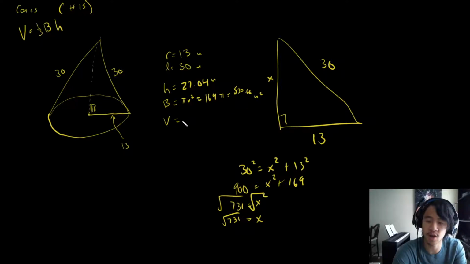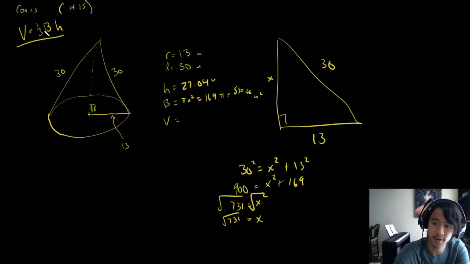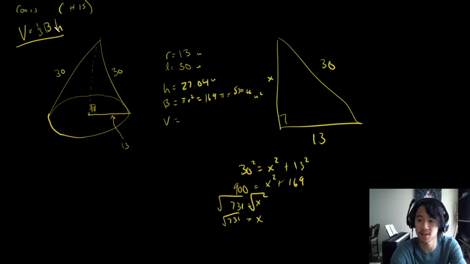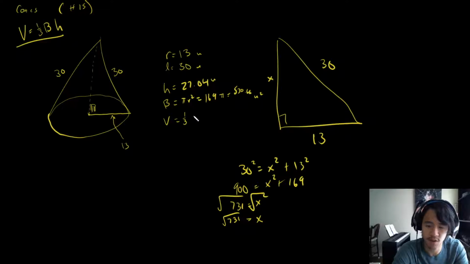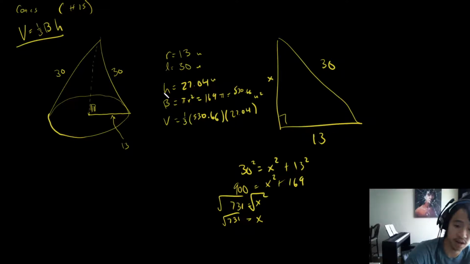So to find our volume, here's our volume formula. We got 1/3 times the area of the base times the height. So let's go ahead and put that into our calculator. First, let's write it down. 1/3 times area of the base, which is 530.66, times our height, which is 27.04. So now let's plug this into our calculator.